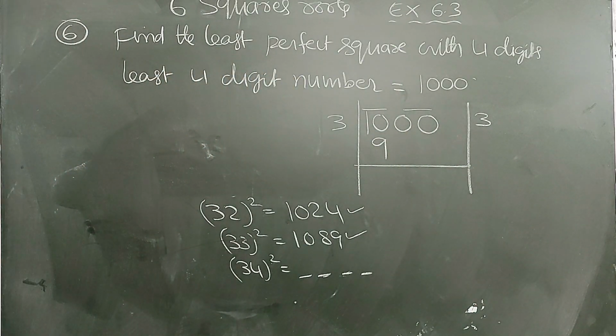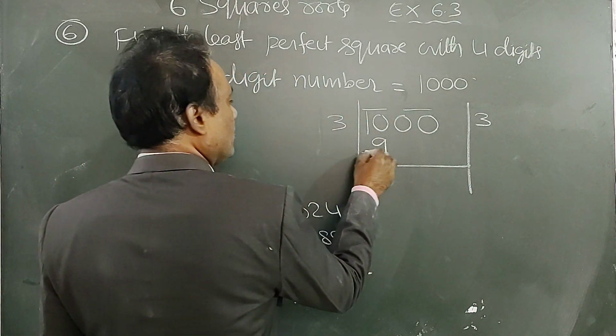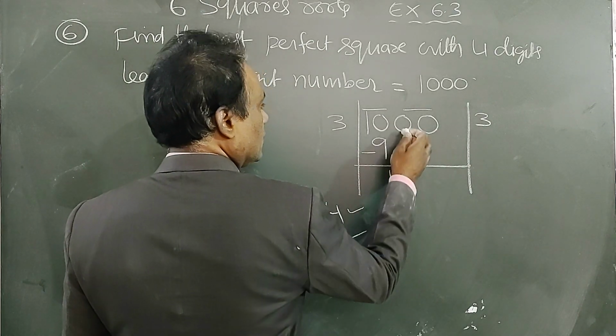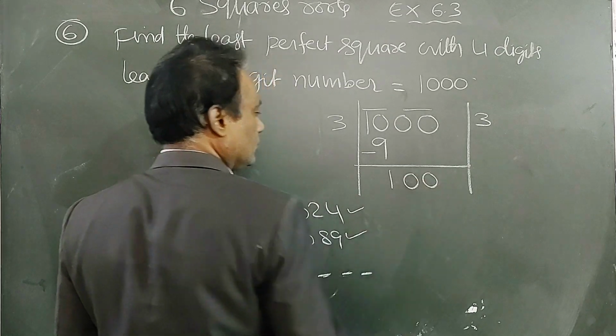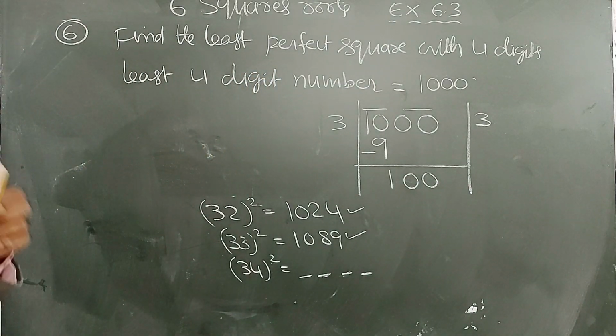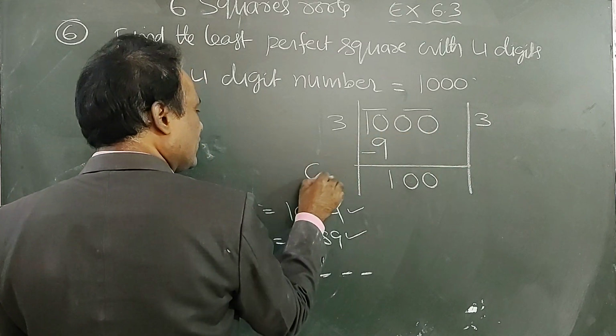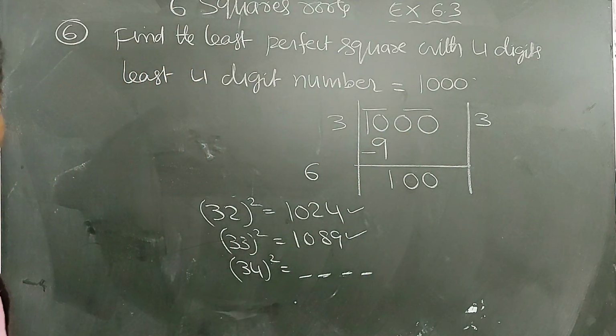Subtract. Minus, 1 0 0. Next 3 plus 3 is 6.